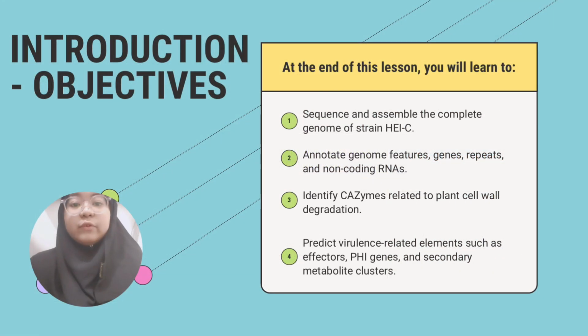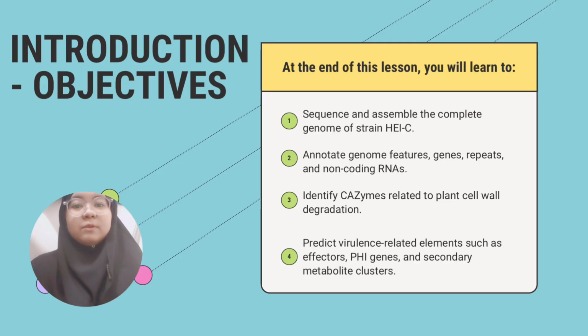The main objective was to sequence and assemble the complete genome of strain HEIC, which is the strain causing the disease. After that, the genome needed to be annotated so its main features such as genes, repeats, and non-coding RNAs could be identified. Another objective was to find CAZyme enzymes involved in plant cell wall degradation, because these enzymes may help the pathogen break into the plant tissue.